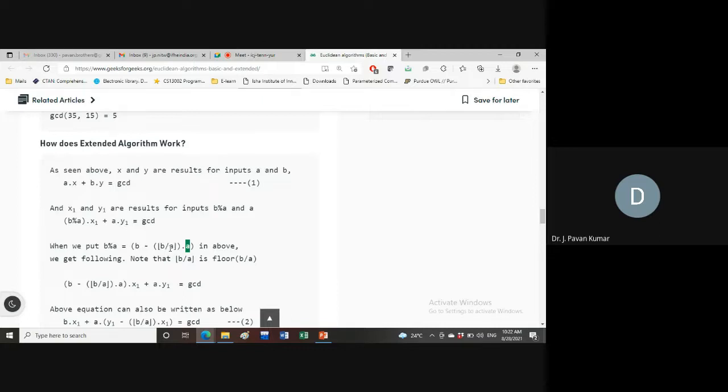Like 13 mod 5 means 5 into 2. Why are we multiplying with only 2? Why not 1? 1 is also fine, right? But how many times will it go? The maximum, that we have to consider. So b by a, and in 13 by 5 we consider 2 times, in the sense of the floor. 13 by 5 is 2.6, right? Yes or no?